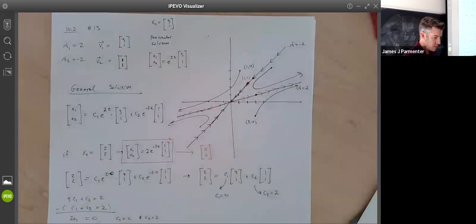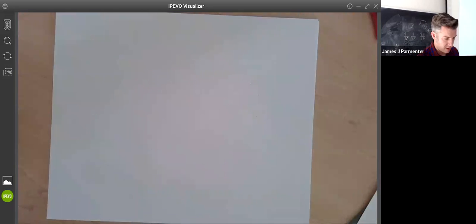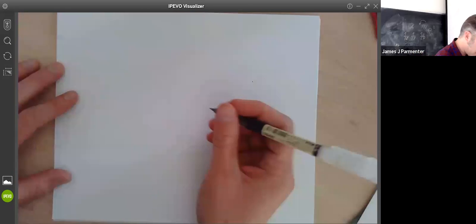So let's talk about classifying stability, because it's definitely something that we care about in this class. I'm going to draw some pictures, but let's start with this.